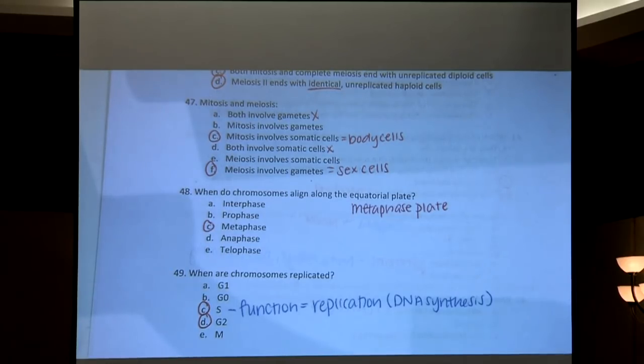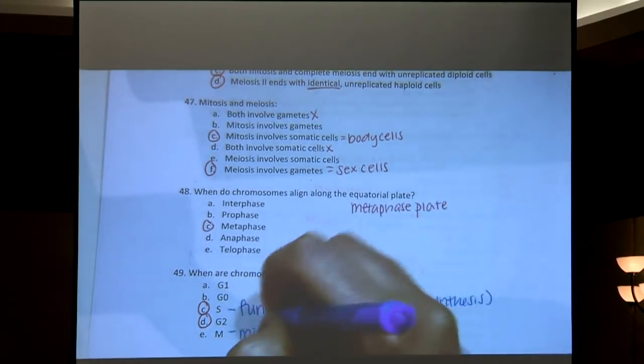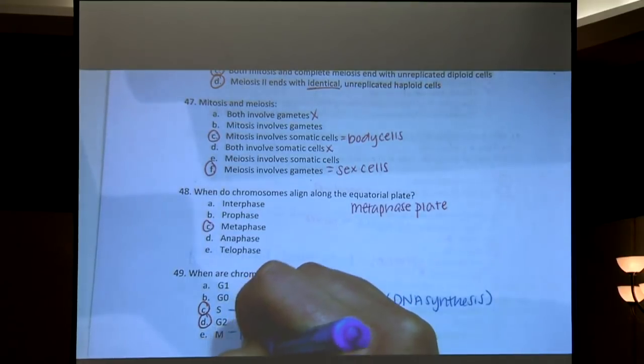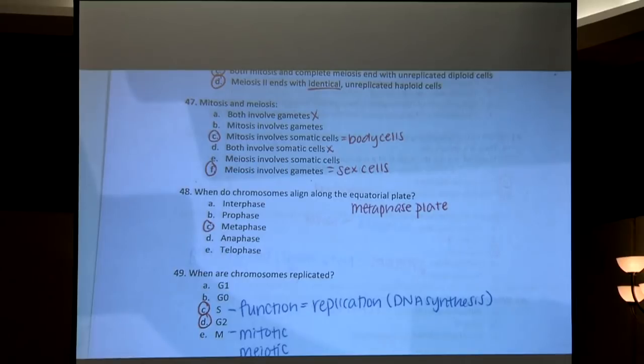So what is the M phase? In the case of mitosis, this would be our mitotic phase, or our meiotic phase for meiosis. All right, this would be our M phase.